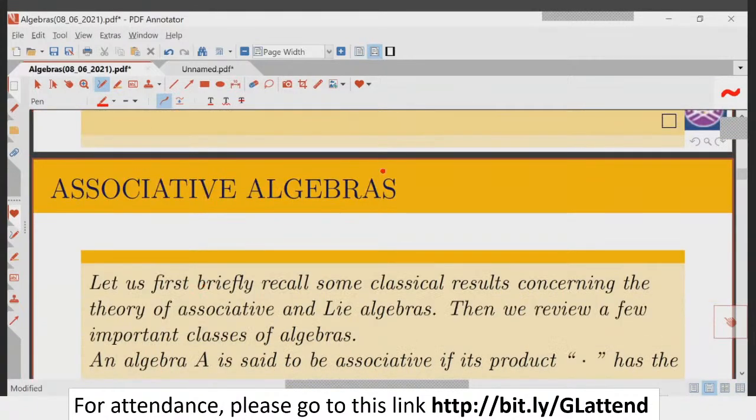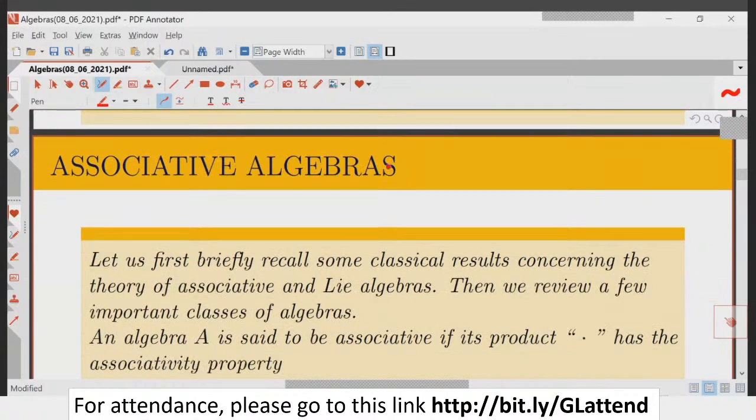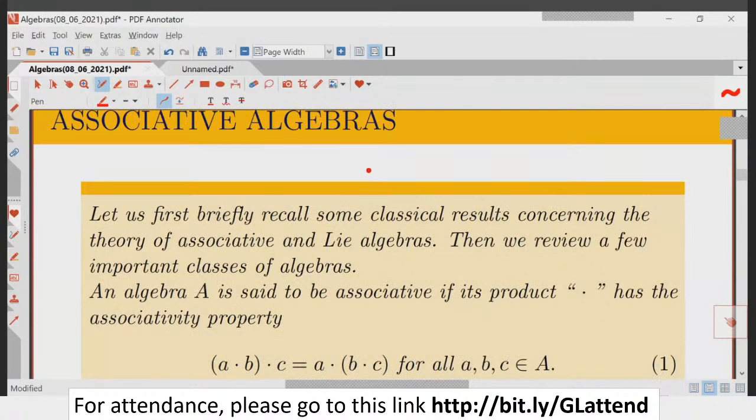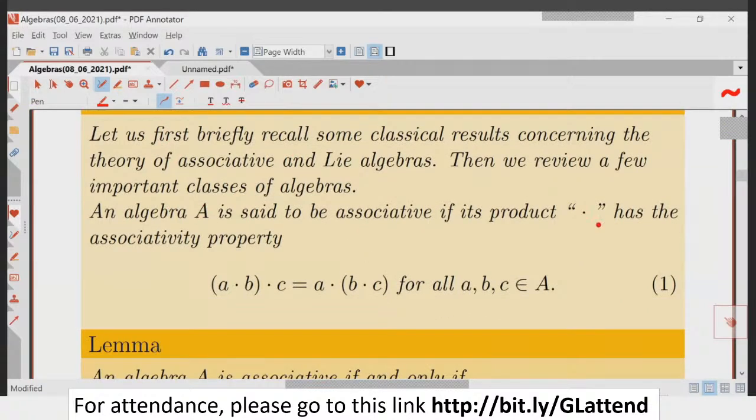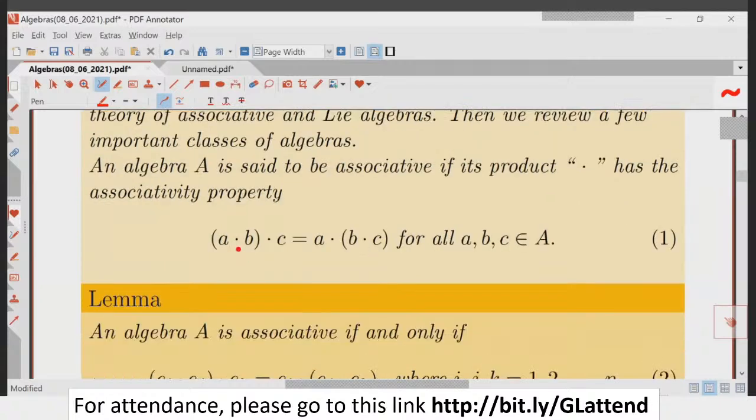Let us now discuss each class of algebra separately. So let us discuss associative algebras. Our associative algebra is an algebra with a product operation dot satisfying this axiom: (A·B)·C is A·(B·C).